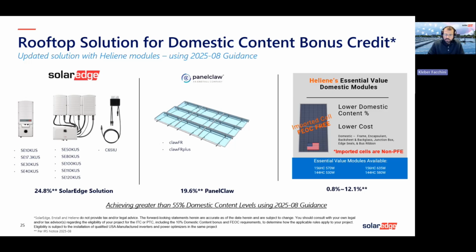Now, by including Heliene essential value modules, which contribute 0.8 to 12.1% on the elective safe harbor table, projects can meet the upcoming thresholds of 50% in 2026 and 55% in 2027. For rooftop applications, this approach leverages the elective safe harbor method, enabling the use of essential value modules, offering lower cost and greater availability compared to the full value modules.